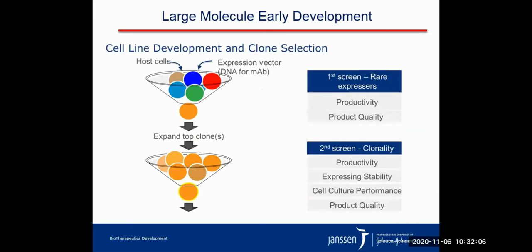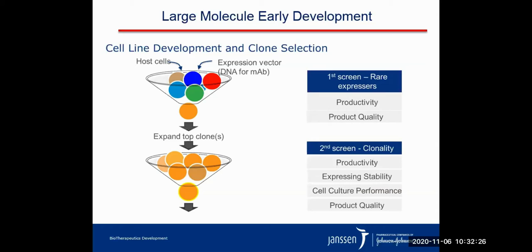Cell line development is depicted in this figure as a funneling process where the most desirable clone is selected based on product quality, expression stability, and titer. CLD starts with the transfection of the expression vector with a gene of interest into a host cell line, usually a Chinese hamster ovary cell line.